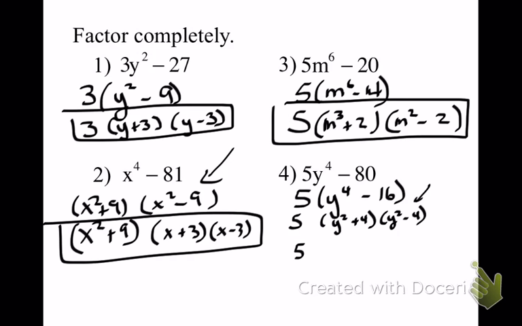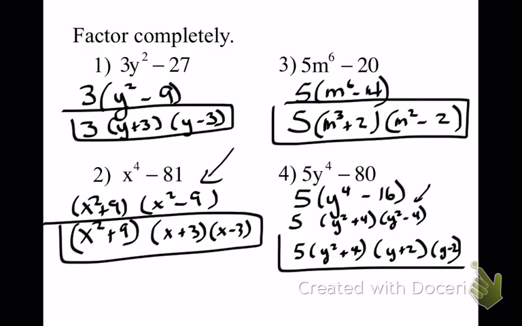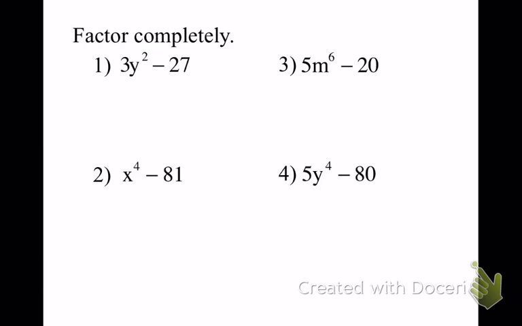We're left with a difference of squares. 5 times y squared plus 4, but remember, this then breaks down to y plus 2 times y minus 2. It's kind of like a puzzle. What are all the pieces of the puzzle that make it up? And here, if I multiply those all together, they would equal 5y to the fourth minus 80.